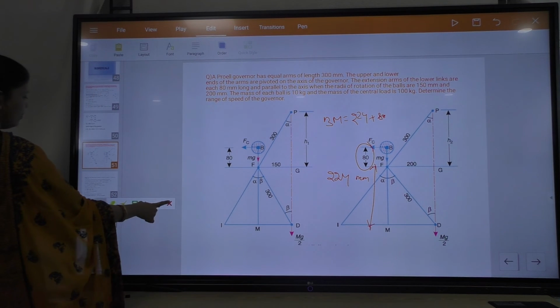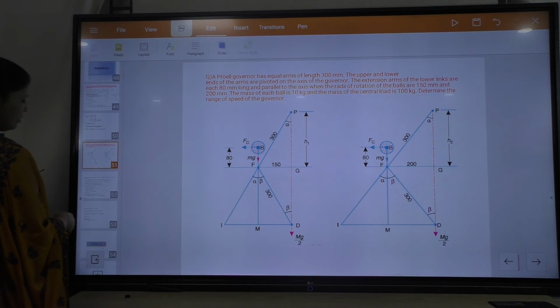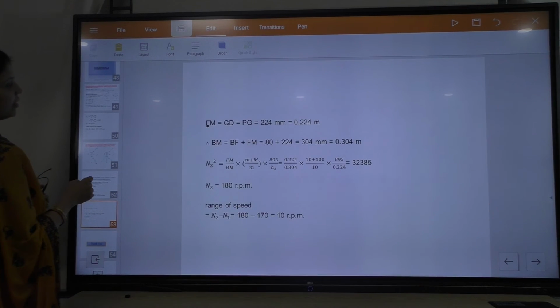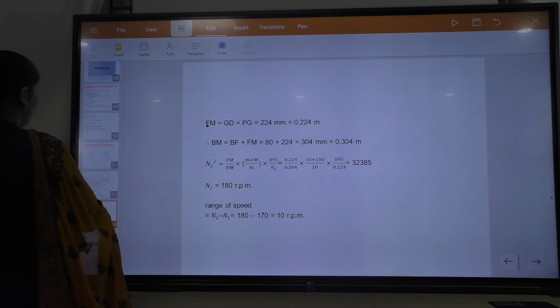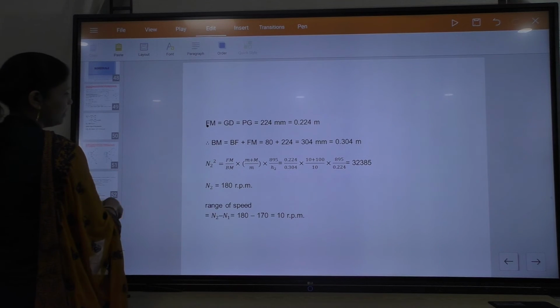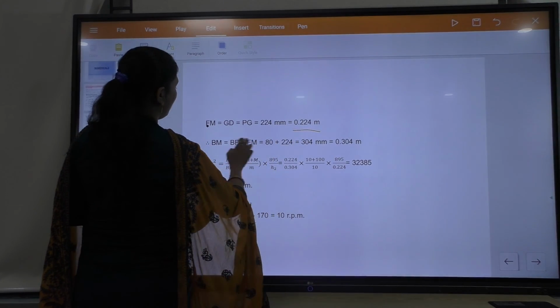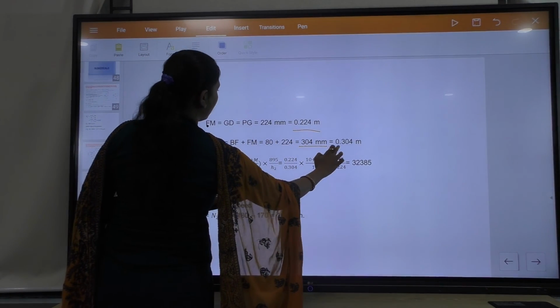So here we have done the calculation. This Fm is 224 mm and the value of Bm is 304 mm.